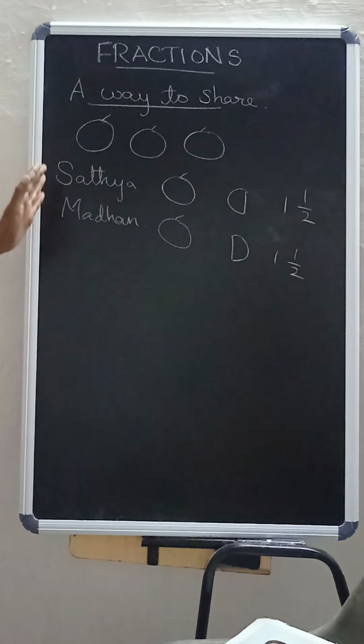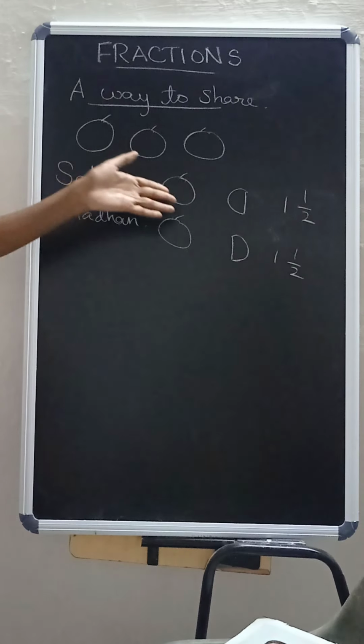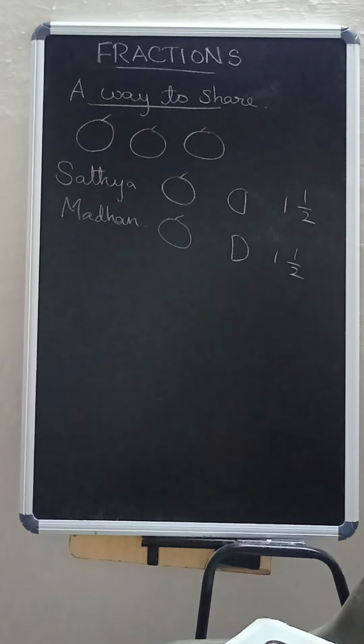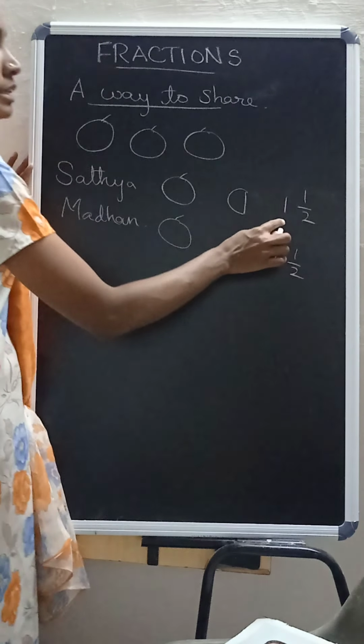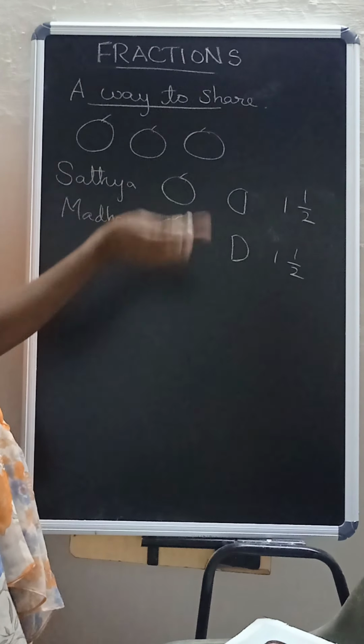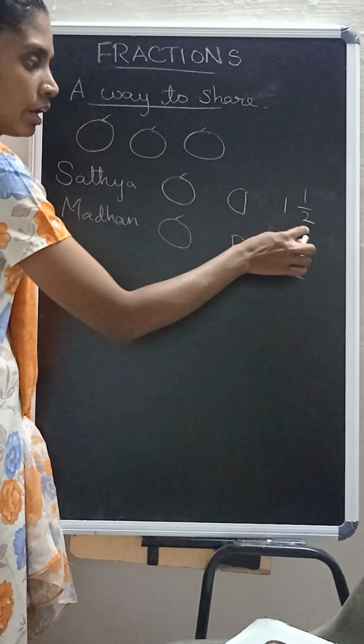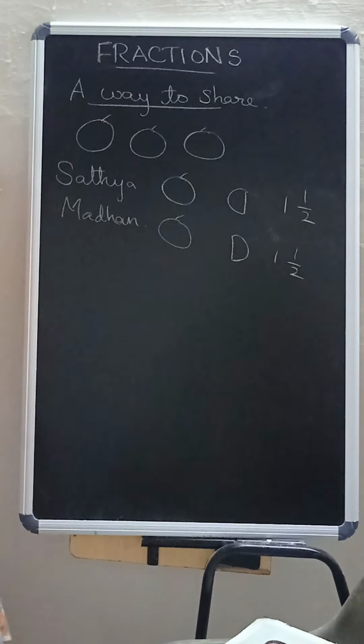So they both shared it equally. Is it right? This method is right? They have got equally? Fine. Now, this type of fraction which has a whole and a fractional part is called a mixed fraction.